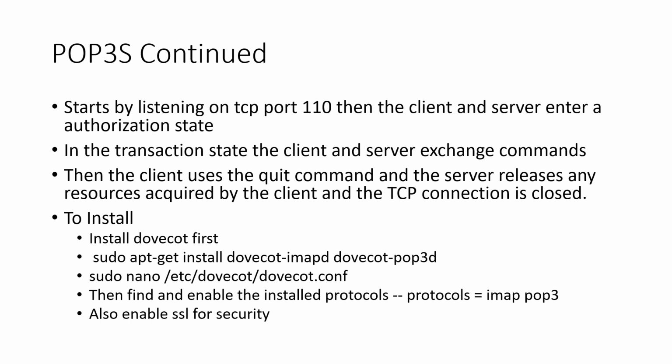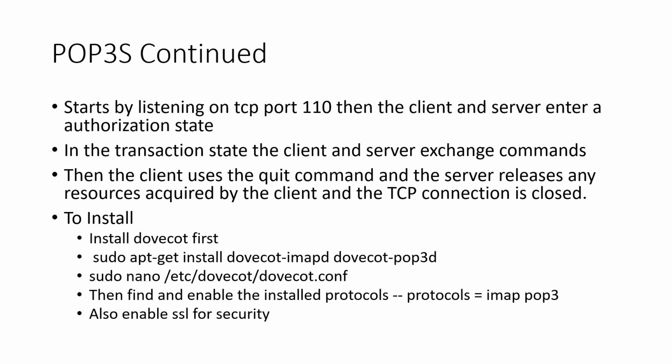Next we have POP3S continued. POP3S starts by listening on the TCP port 110. And then this makes the client and the server enter the authorization state. Once they're in there, they go into the transaction state where they exchange commands.